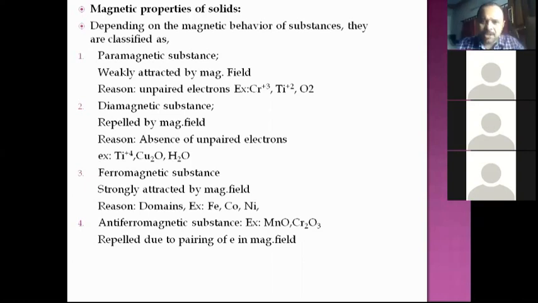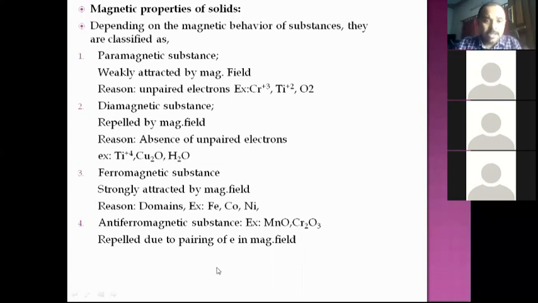They get cancelled off. Despite having magnetic moments similar to ferromagnetic materials, because of the cancellation in the presence of an external magnetic field, they behave like diamagnetic. So we would say simply they are repelled due to pairing up of electrons in the magnetic field.